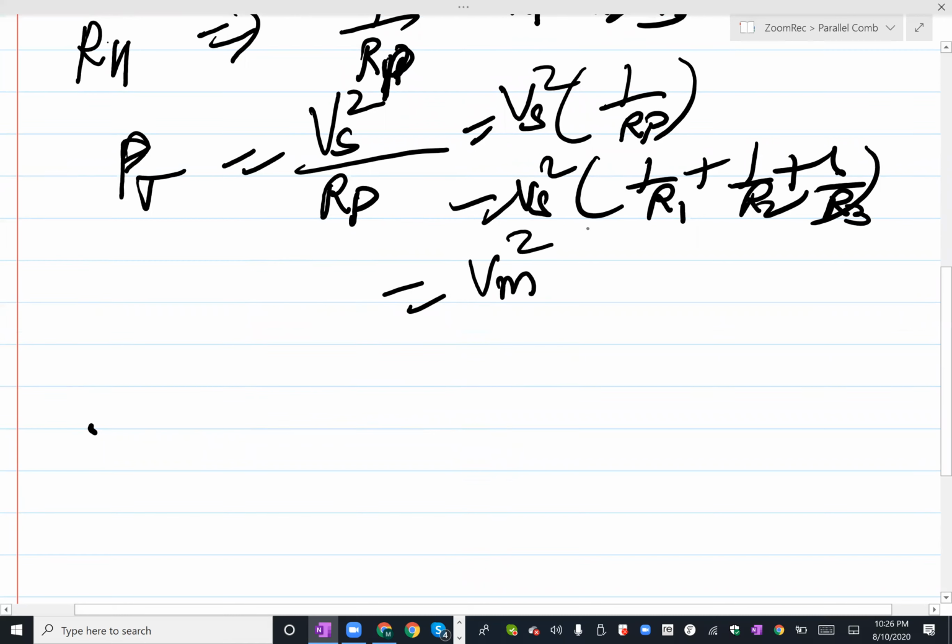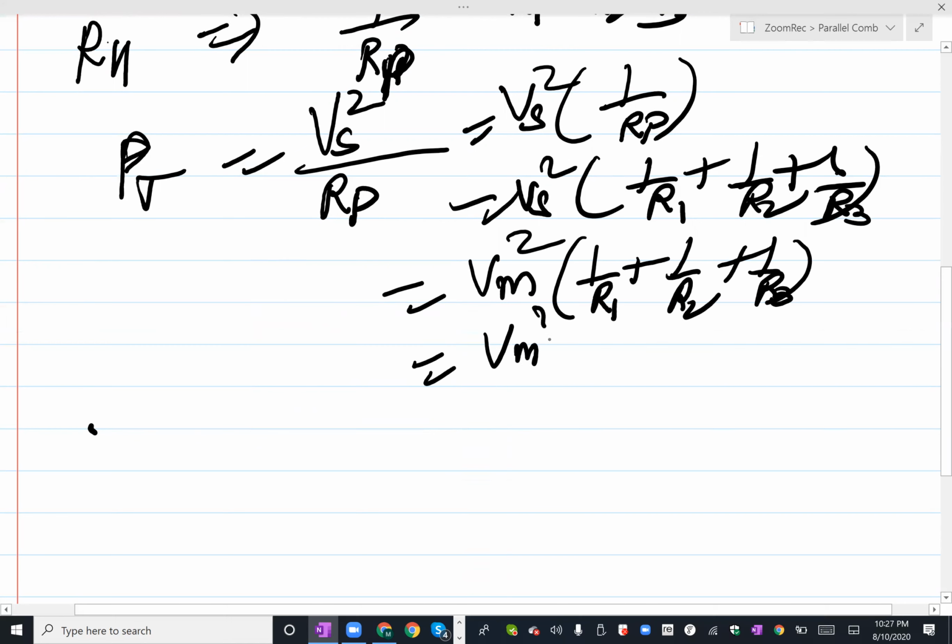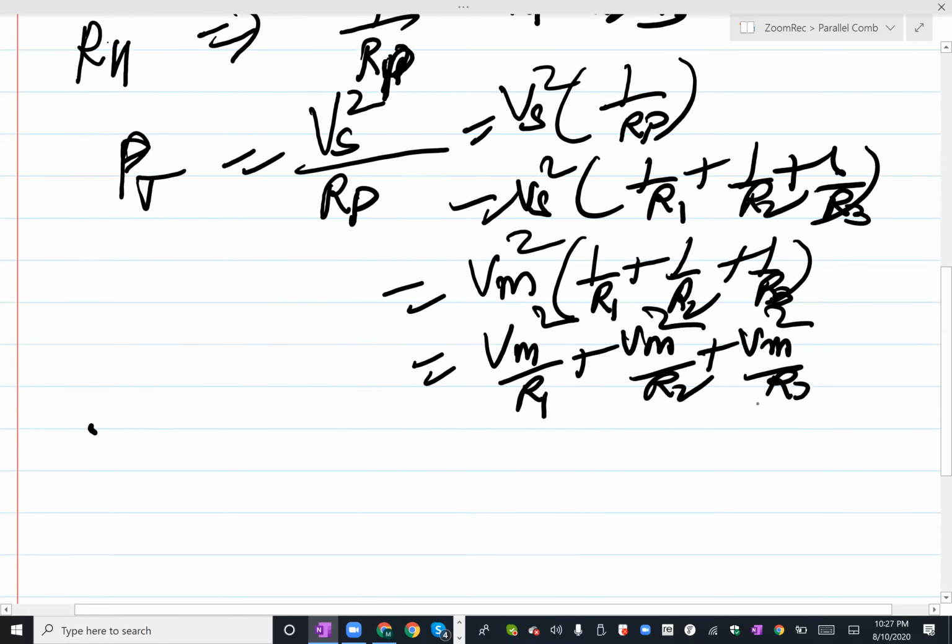So instead of Vs squared, I can write Vm squared into 1 by R1 plus 1 by R2 plus 1 by R3. Take the Vm squared inside, it will be Vm squared by R1 plus Vm squared by R2 plus Vm squared by R3, and that will be equal to power 1 plus power 2 plus power 3.